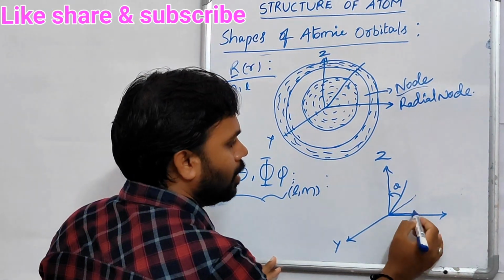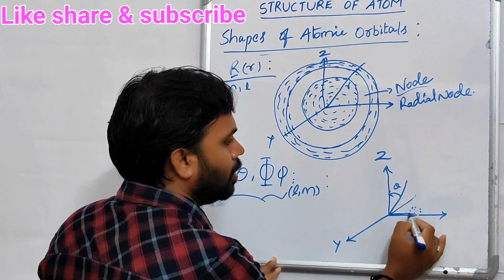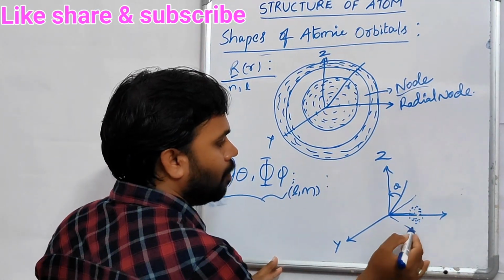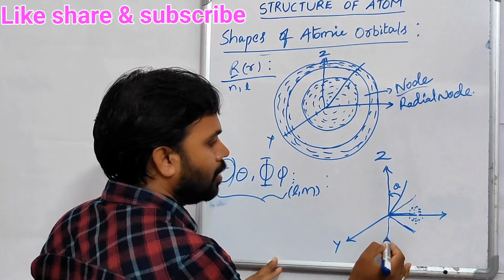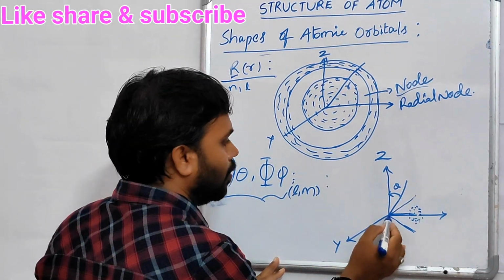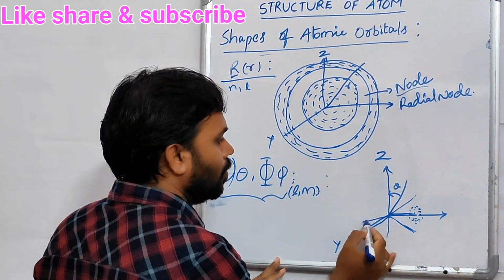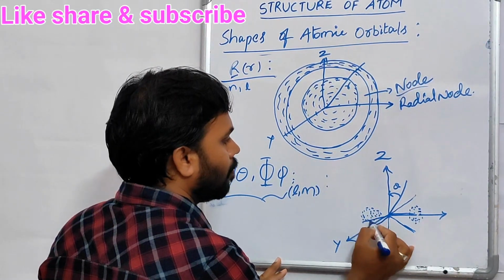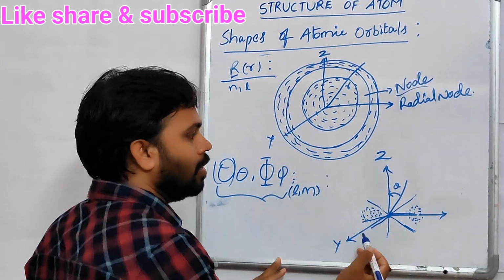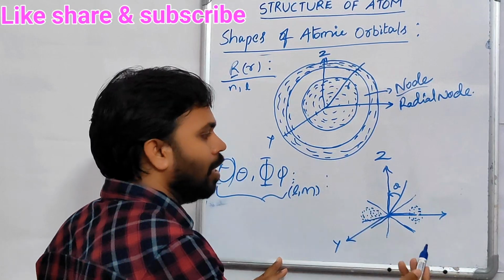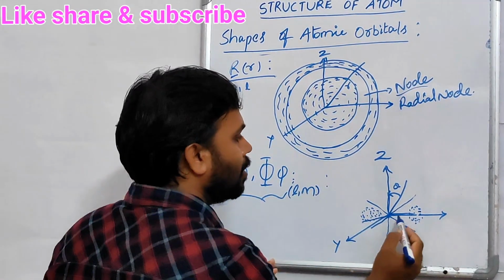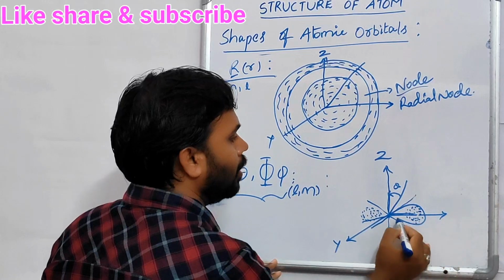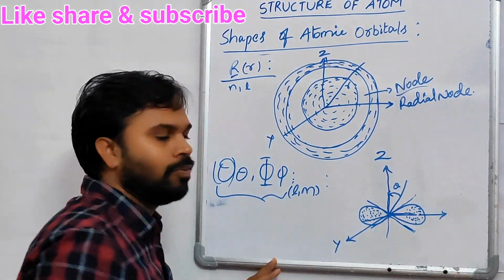And when it comes to this side, some electron density is present here. When it moves to this side, there is no electron density present up to here, and moving this side, there is no electron density. Moving this side, some electron density is present here. And moving this side, there is no electron density present here. Based on this electron density, by drawing a line combining with the nucleus, it gives the shape of the orbital.